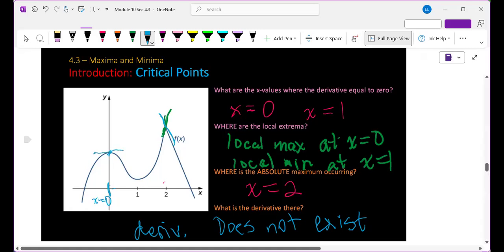So the derivative there, I'm going from positive slope to now I'm getting really laid back slopes. So these are where my slopes are fraction values, like 1/2, 1/5, 1/10. And then eventually it flattens out. So a horizontal line has a slope of 0 because it doesn't have any rise or run. So if the slope there is 0, then the derivative there is 0.